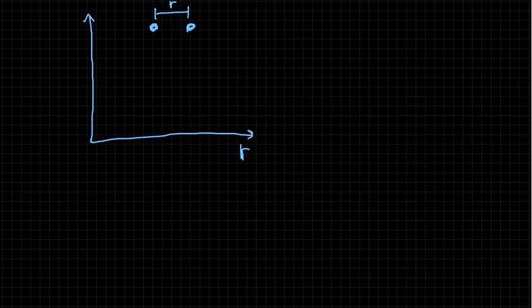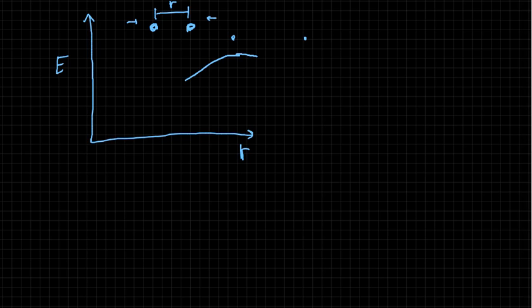So an example of this is if we look at two molecules here, and we say that this is the radius between the two atoms, and so we're going to plot the radius as a function of energy. As we come closer and closer together, all the way out here, over here, they start to attract, they start to share electrons.